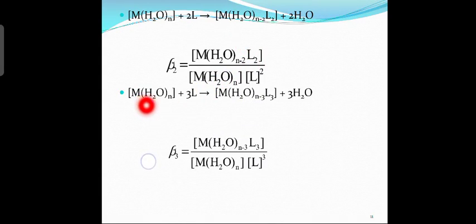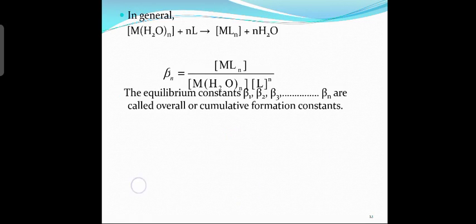Similarly, M(H2O)n plus 3L gives M(H2O)n-3 L3 plus 3H2O, and beta 3 is M(H2O)n-3 L3 divided by M(H2O)n L cubed. In general, the same type of reaction, M(H2O)n plus nL gives MLn plus nH2O, and beta n is given by MLn divided by M(H2O)n L to the power n.